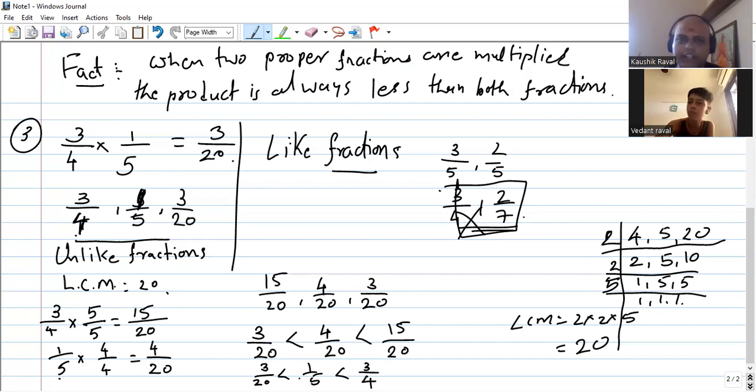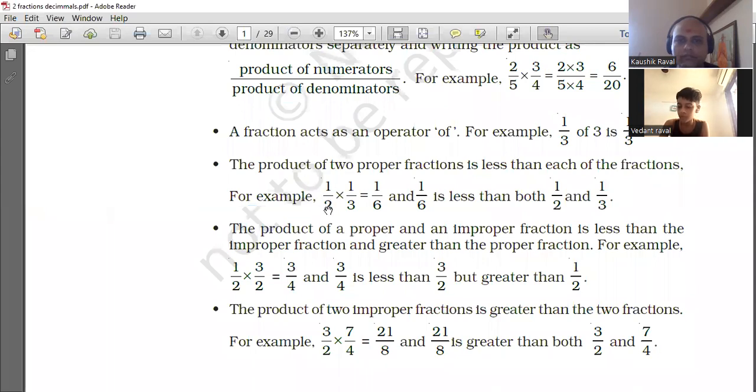It is already given in the textbook. Let me show you. Here, there is one example. See it. The product of two proper fractions is less than each of the fractions. You can see the example: 1 by 2 and 1 by 3 multiplied will give you the answer 1 by 6, which is less than both 1 by 2 and 1 by 3.